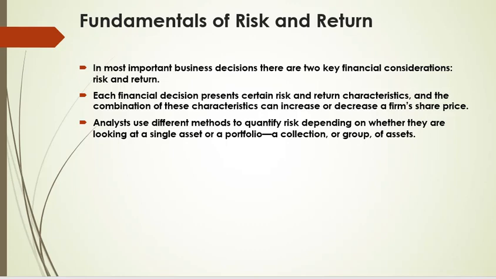There are different techniques for calculating risk, but we're going to look at it from two perspectives. We'll start from a single asset perspective, and then we'll switch and talk about a portfolio and how risk is affected when we create portfolios.